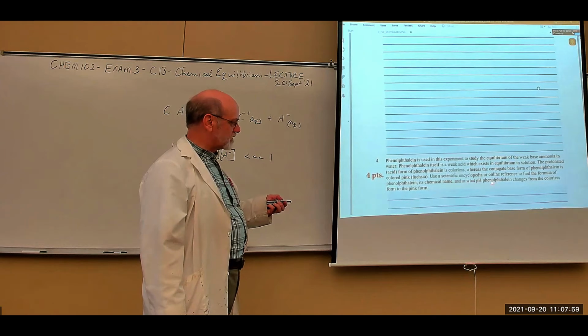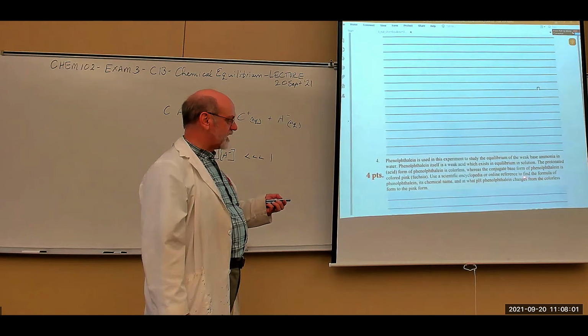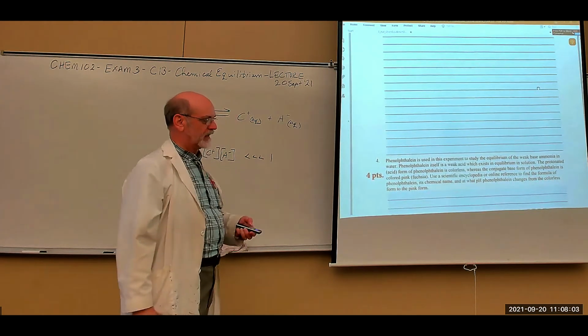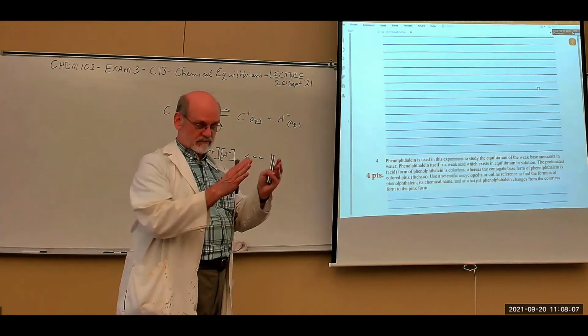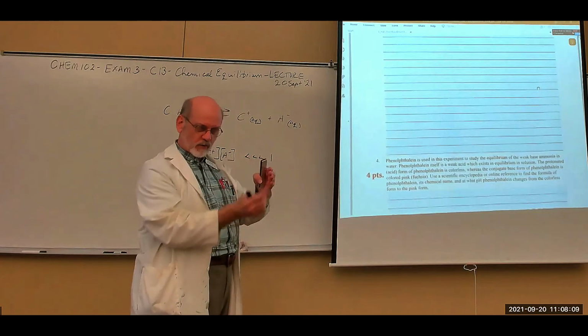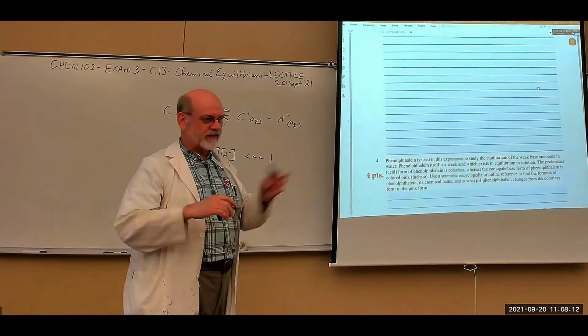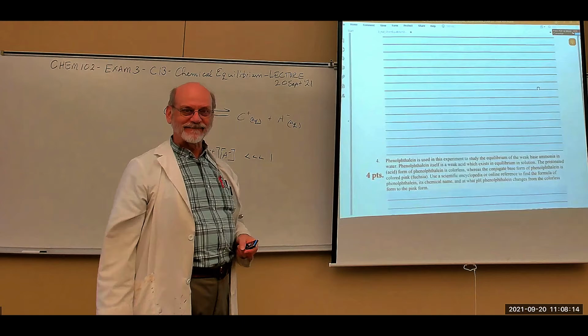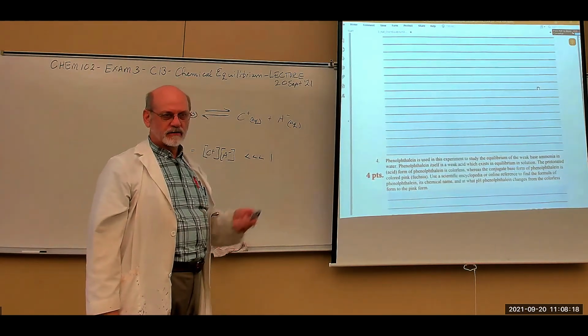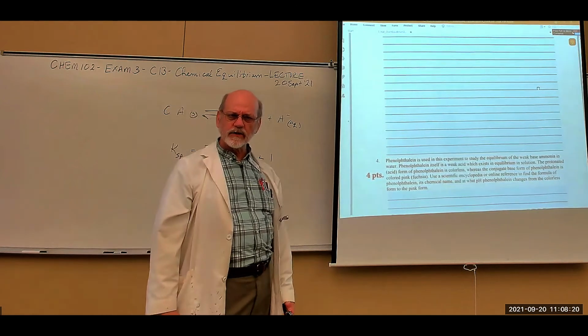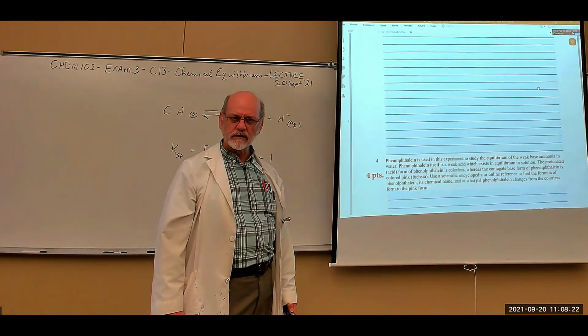And at what pH does the phenolphthalein change from colorless to pink? It could be a range, actually, a range of pHs. It changes on its way from one to the other. Just write that range in there. Okay? Because we're going to be using that later. That's one of the reasons for it. Wait a minute. Did we use this? We used this in the first semester.